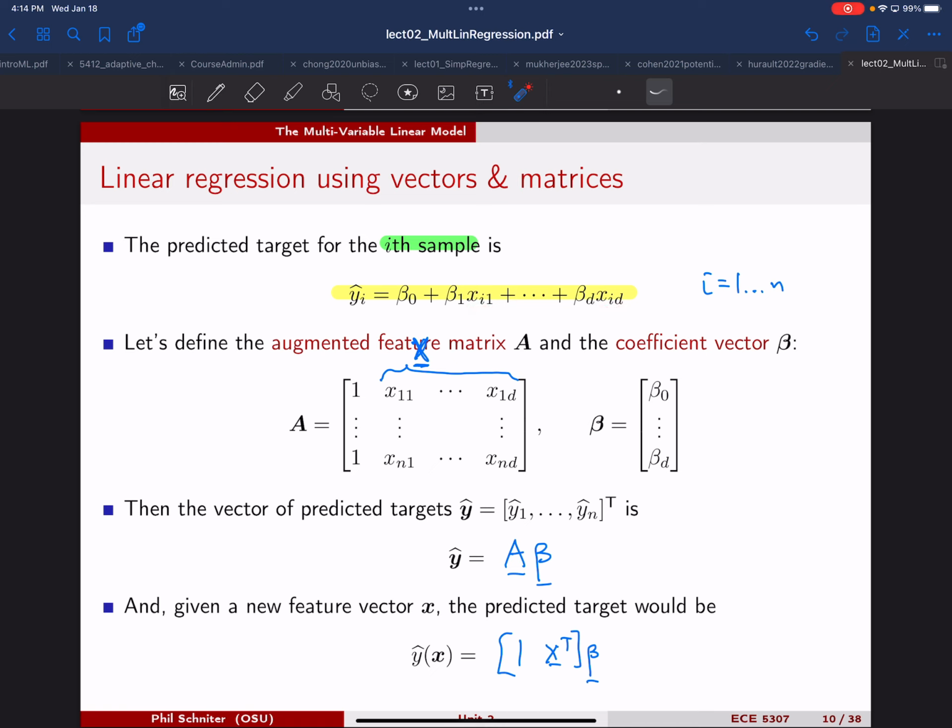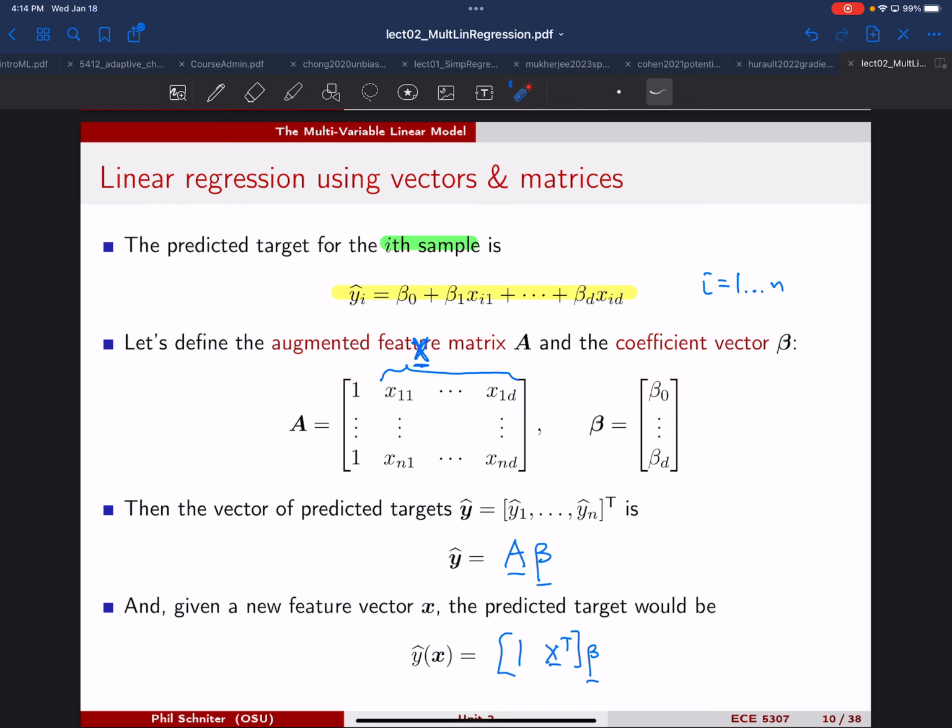Okay, so now we want to write everything together in this form. What we're going to do is take all of our different predictions, y1 hat through yn hat, and stick them into this column vector y hat. And we can take all of our feature variables, so these are the features for the first sample, these are the features for the nth sample, and so on, and stick them all into this matrix A. We also have this column of ones, and that column of ones facilitates the multiplication with the intercept, because that intercept does not multiply any features, right?